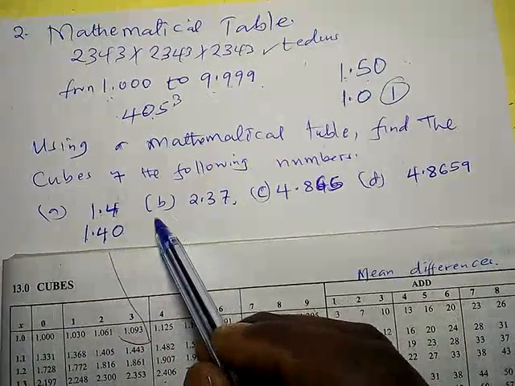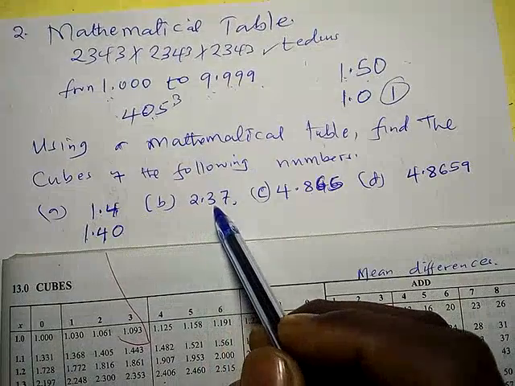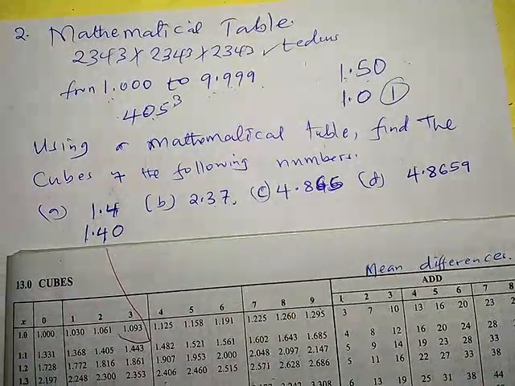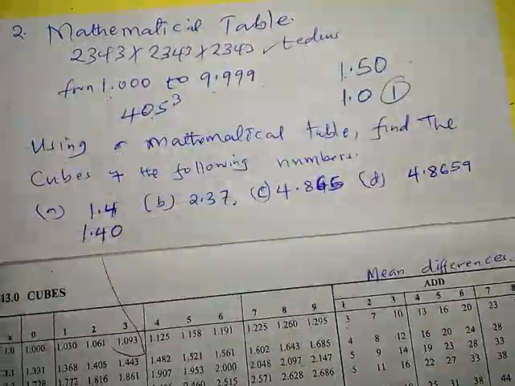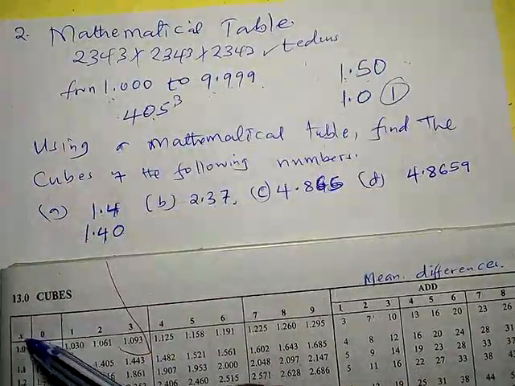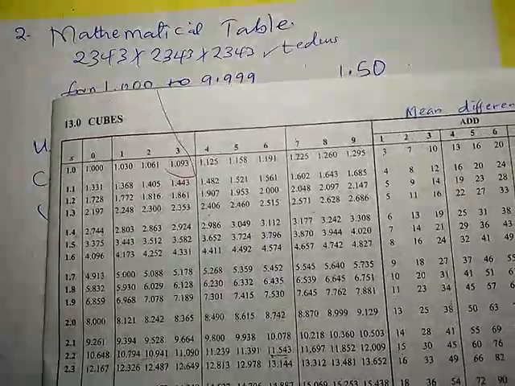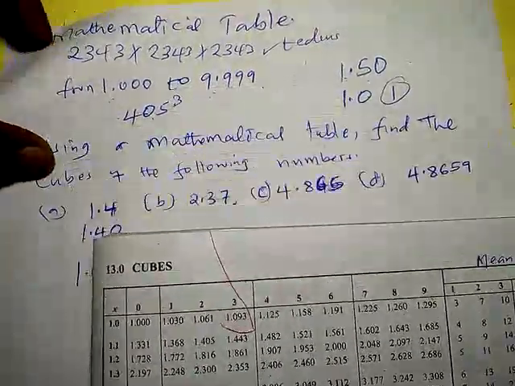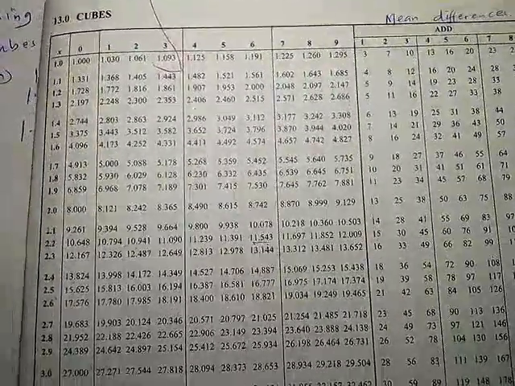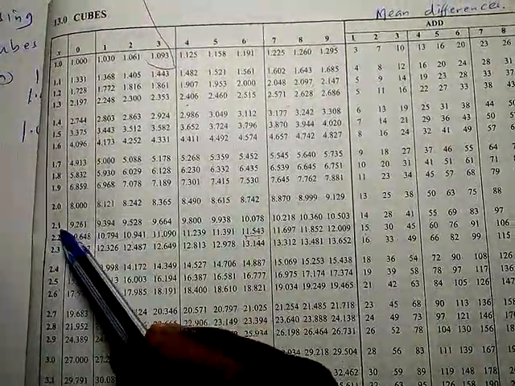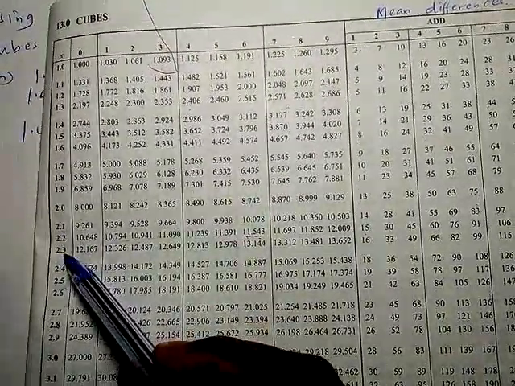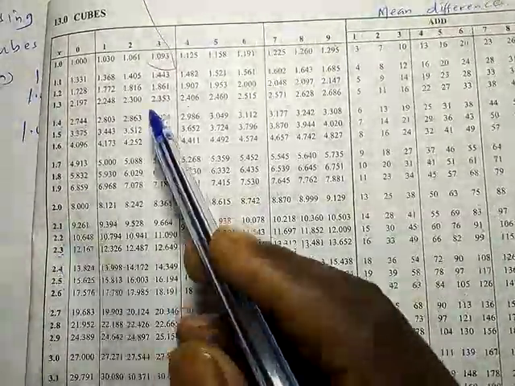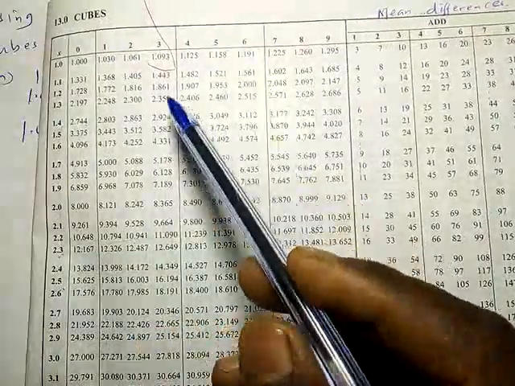Next one is find the cube of 2.37. So we go to the X column, which has only 2 digits. So we start there. We want 2.3. So we find 2.3 here: 2.1, 2.2, 2.3. Right? So we stand there. And then we move to the main column.